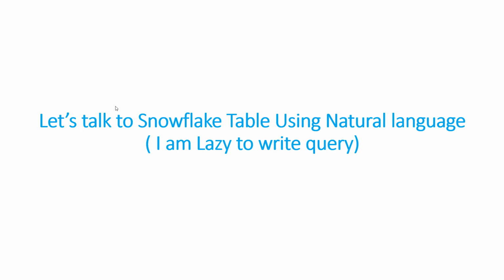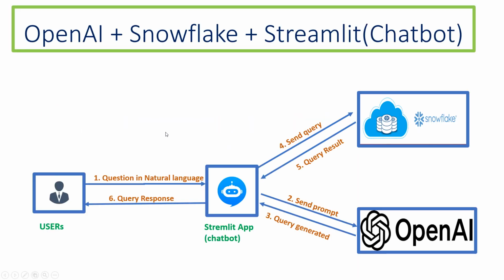So the architecture we are going to implement here is this one below. As a user, you will explain your queries in the form of natural queries, and then there is a chatbot based on a Streamlit app that listens to your messages and sends the message prompts to OpenAI, which generates the queries.